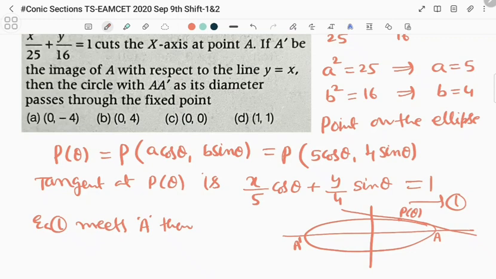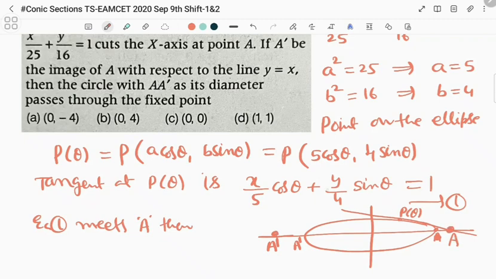So the ellipse cuts the x-axis at point A. Here you can take it, here A. And A dash be the image of A with respect to the line y is equal to x, then the circle with A dash as its diameter. So this point is A now, this is not the point A. And A dash will be here.